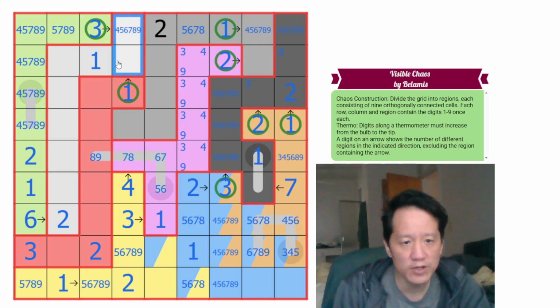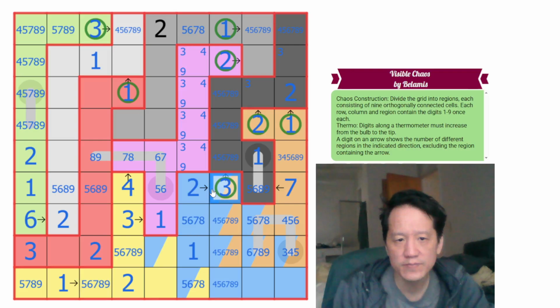We need a 3 here, and it has to be one of these 5 cells. This is 5, 6, 8, 9. This has to be 5, 6, 7, 8, 9.